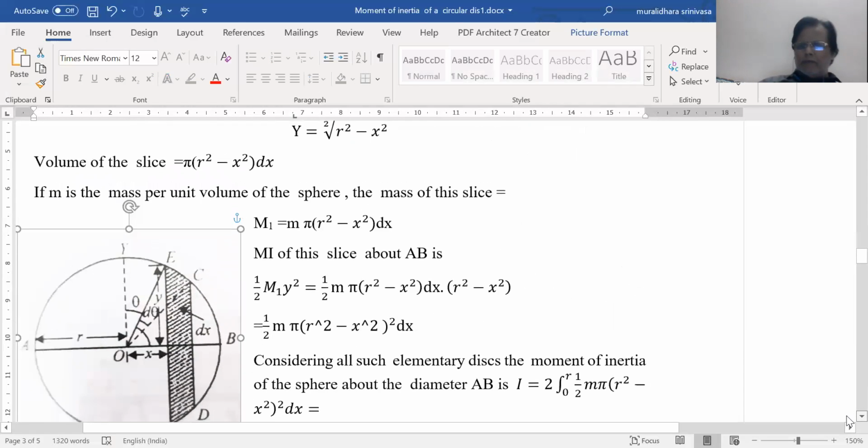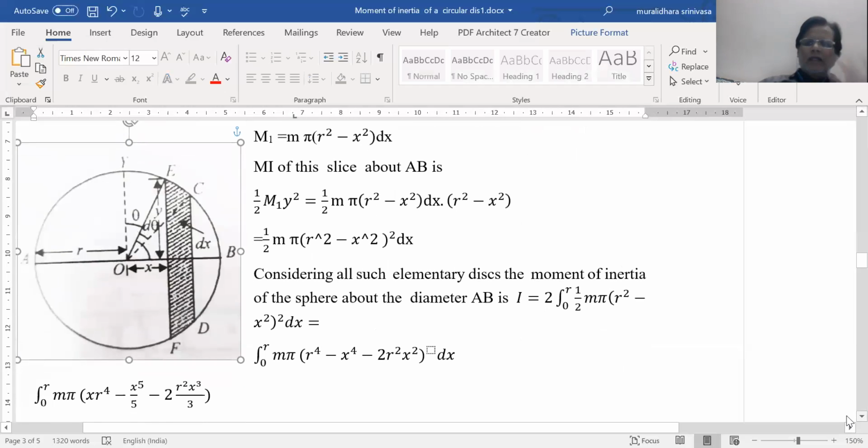Therefore, the moment of inertia of the entire sphere about the axis passing through a diameter, or simply about the diameter, will be I. Here we took only one half, so the second half can be applied similarly. I is equal to 2 into the integral from 0 to r of half of this expression above.